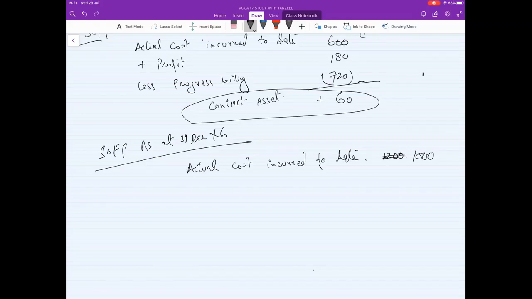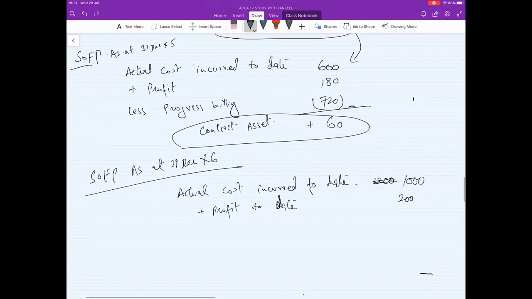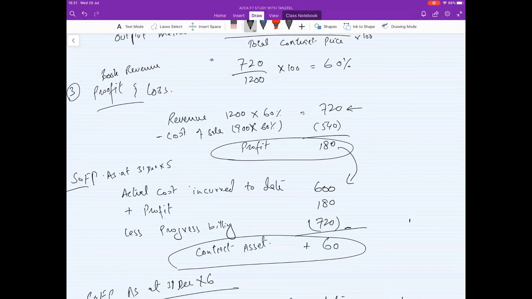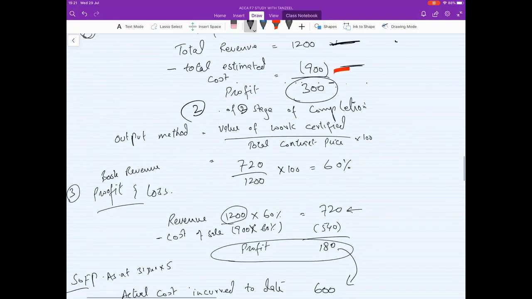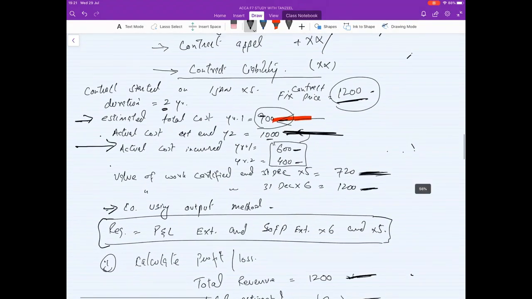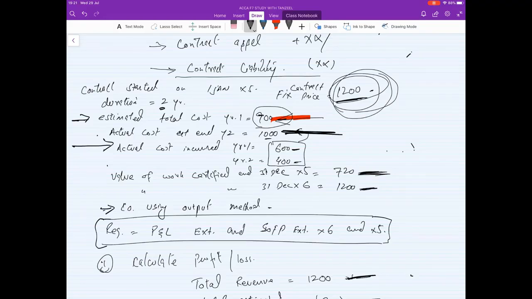The cost is 1000. Now add profit to date, how much profit you have taken to date. So the profit you take is 200. Less progress billing, how much you have already charged. By the second year you will have completed your work, it means you have done all your job, so the total price must have been recovered after 2 years.